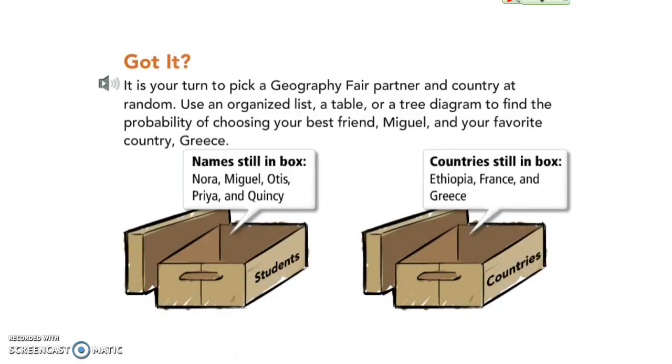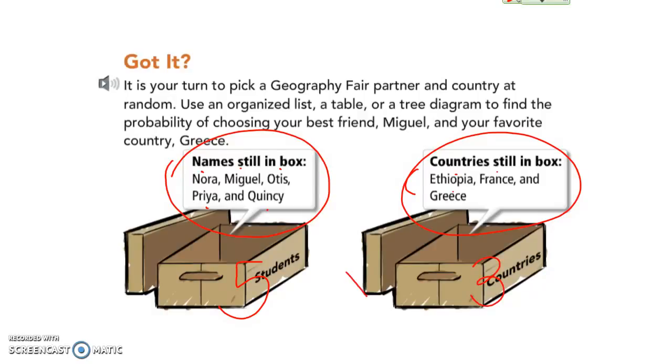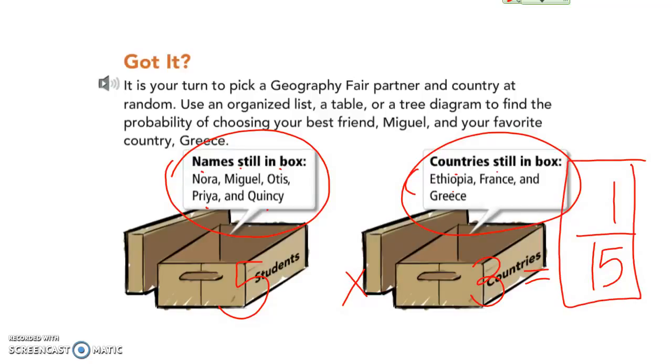Using... and Greece, our favorite country.